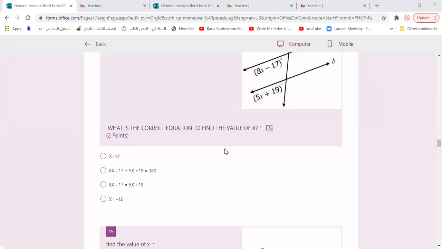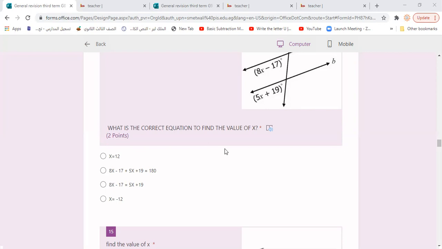And the question didn't ask to find the value of x, right? The question said to find what? The equation. So please, when you have a question, read it carefully. Understood the point? The question is asking about what is the correct equation. It didn't ask about the value of x.